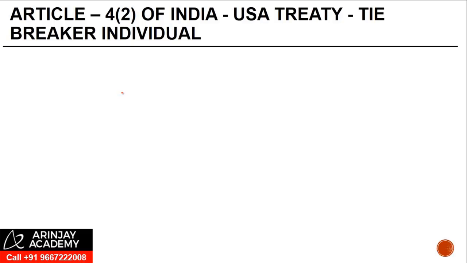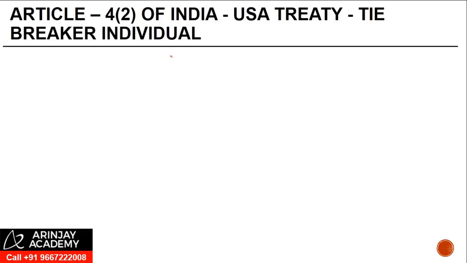Now, it may just happen that an individual, by applying the criteria given in Article 4(1) of a treaty, may become a resident of more than one state. Like we saw earlier, in order to become a resident, one person has to be liable to tax in a particular country by reason of his domicile, residence, and so many other criteria.